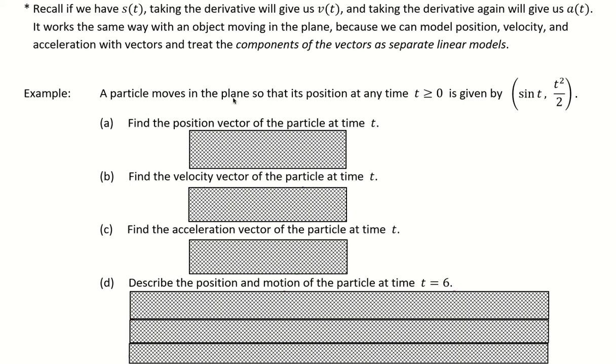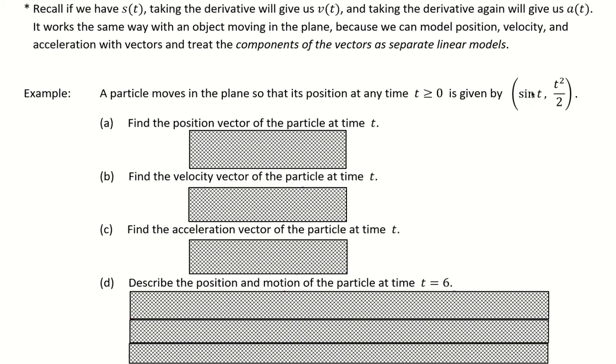A particle moves in the plane, so that's position at any time t greater than or equal to 0, is given by this. So this is not necessarily a vector, it's just the position, like coordinates, you know what I mean?